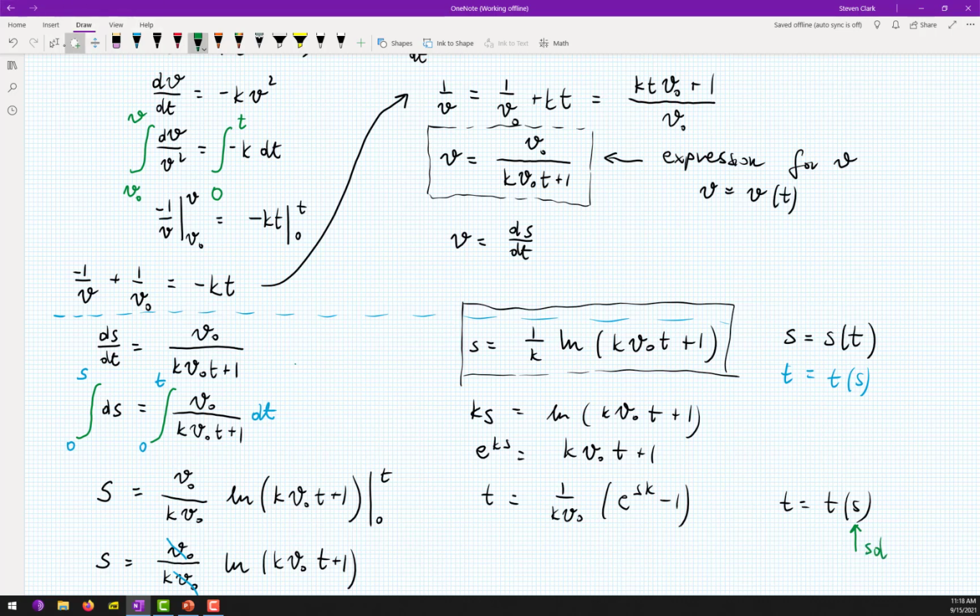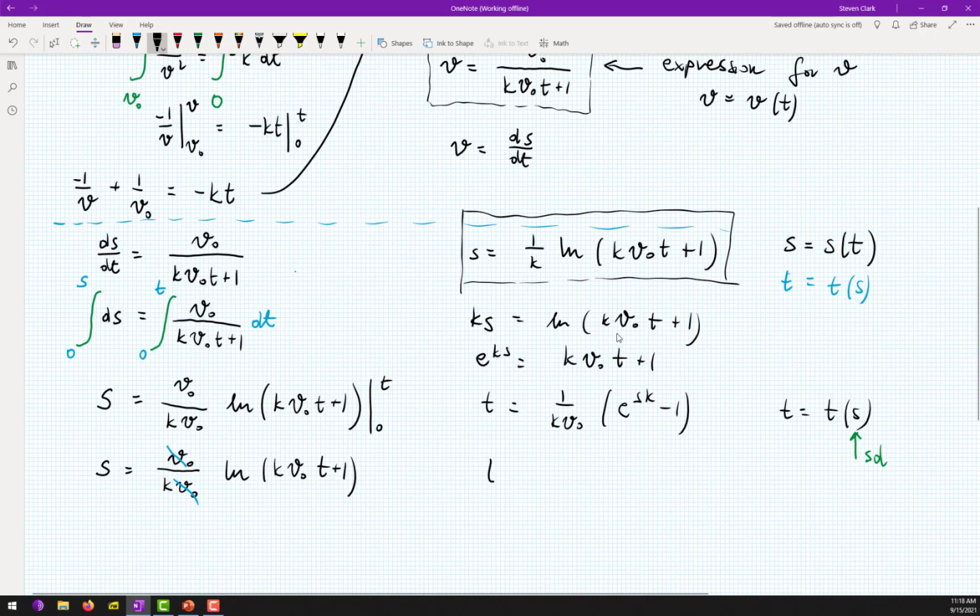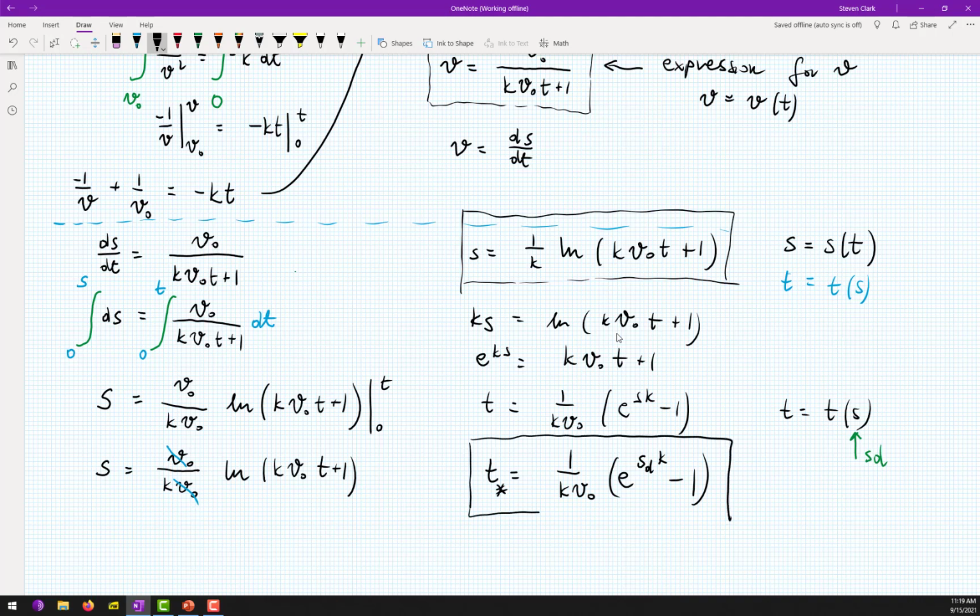So basically we want to write that t is equal to 1 over k v0 times (e to the k sd minus 1). And it won't be t, it will be t star, okay? So this is our answer. All right, that's the end. So far, so good?